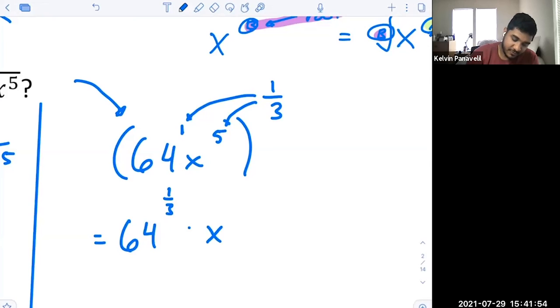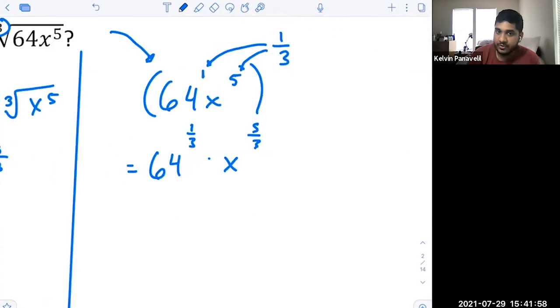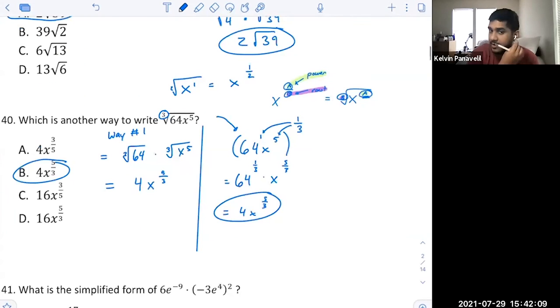X to the 5 over 3. And with your calculator, 64 to the 1/3 is equal to 4. Basically, what times itself 3 times gives 64. So 4x to the 5/3. Both of these ways are really important. Make sure you understand both.